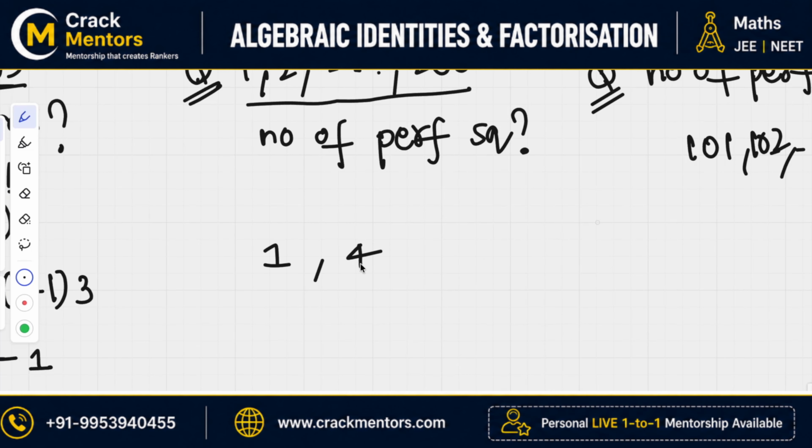Perfect square simply means the square of an integer. Basically 3 is not a perfect square, because what number has its square as 3? Is it some natural number, an integer? No, it's an irrational number, or it can also be minus root 3. So therefore this is not a perfect square.